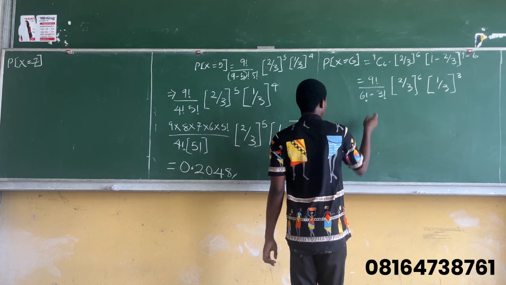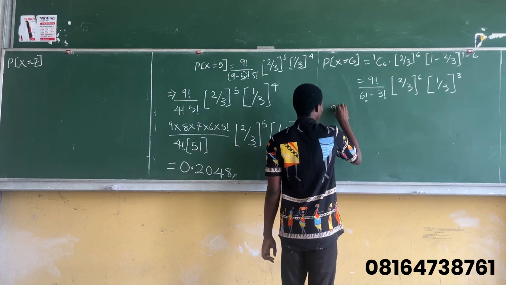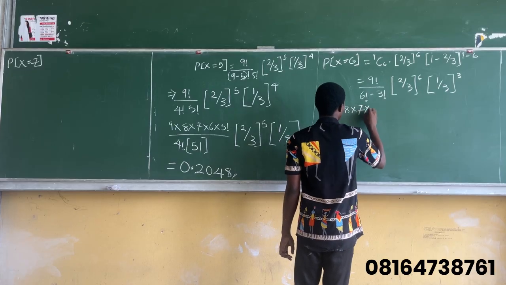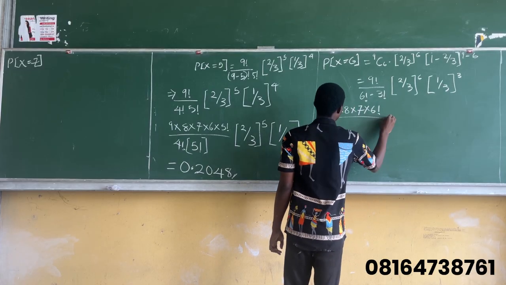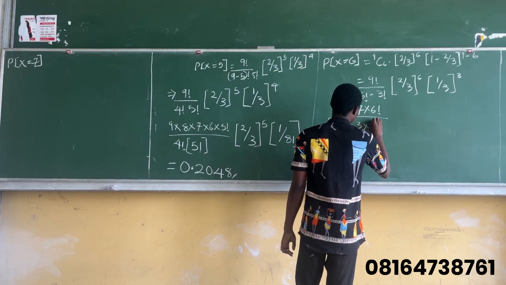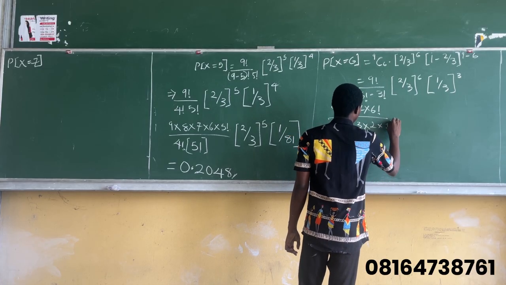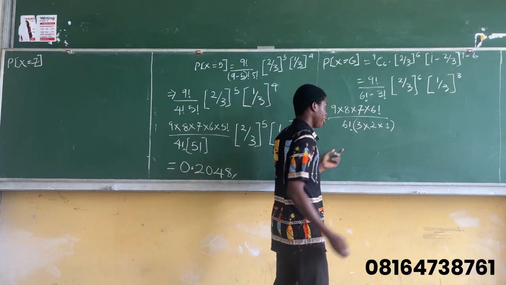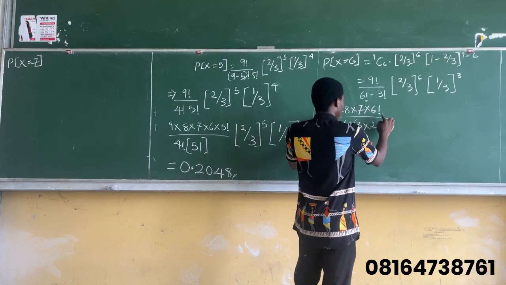So this, when we work it out, is going to be 9 times 8 times 7 times 6 factorial divided by 6 factorial, 3 times 2 times 1. We want this 6 factorial to cancel this out. That is the idea for further expanding this.